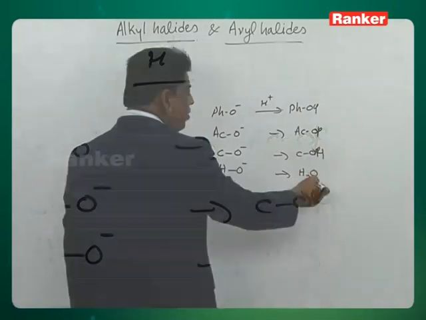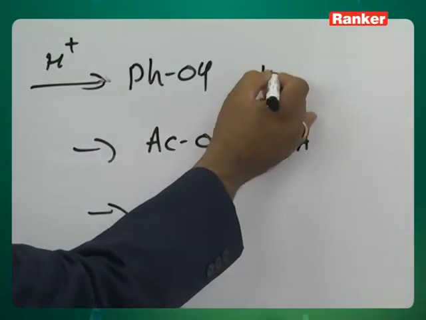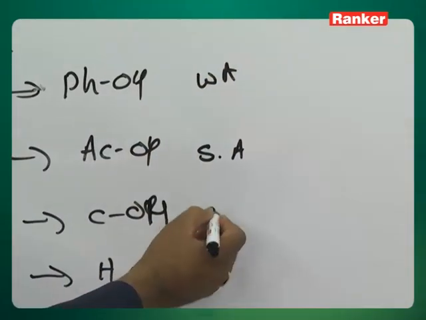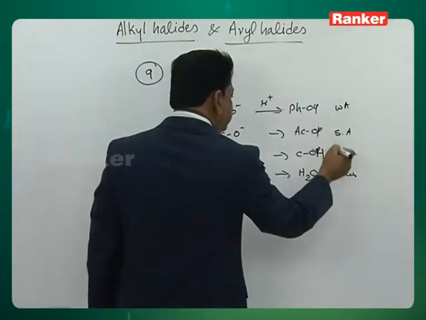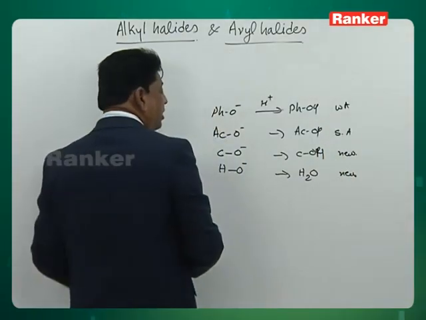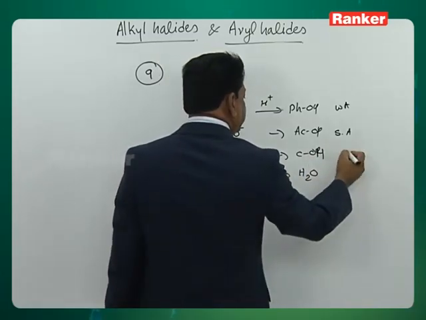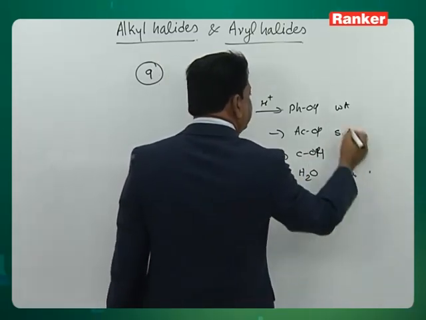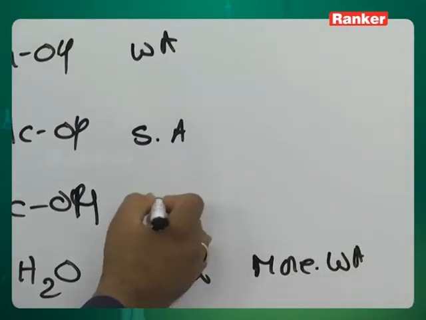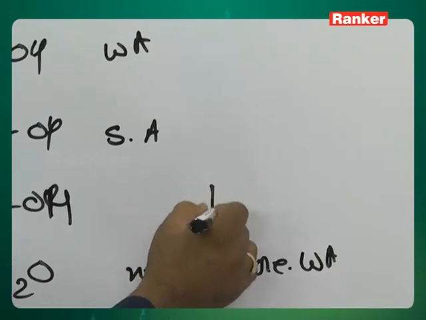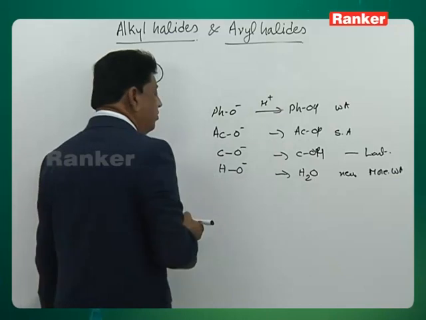So this is the stronger acid, this is a weaker acid, this is almost neutral, this is neutral, and this is slightly basic in fact, so a much weaker acid. This last one is in fact the weakest acid, if you notice.